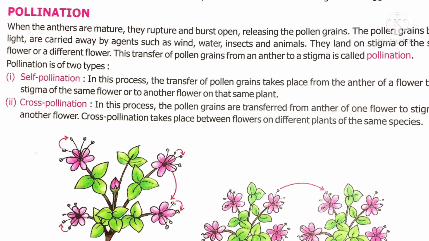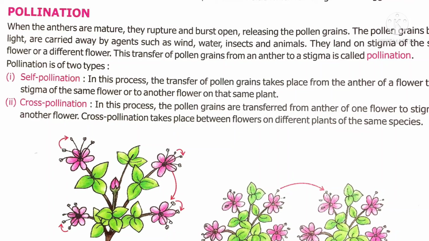Self-pollination is the transfer of pollen grains from the anther to the stigma of the same flower of the same plant. But in cross-pollination, two flowers are required: one male flower and the other a female flower. Here pollen grains are transferred from the male flower to the female flower, which can take place between different plants of the same species.